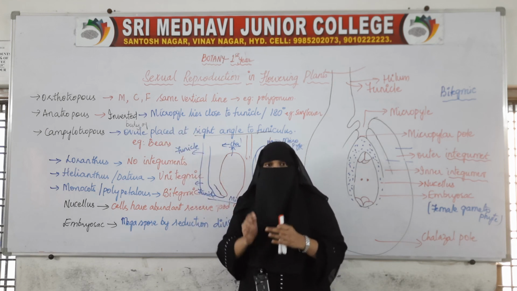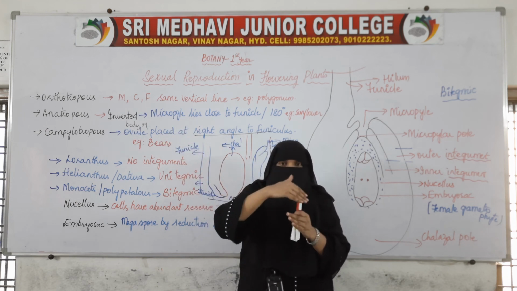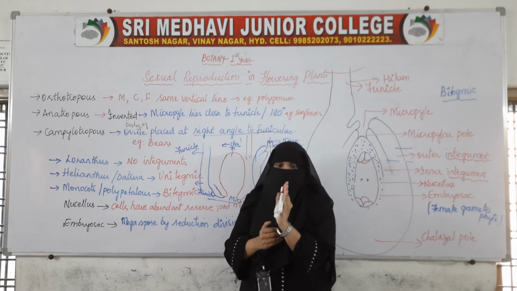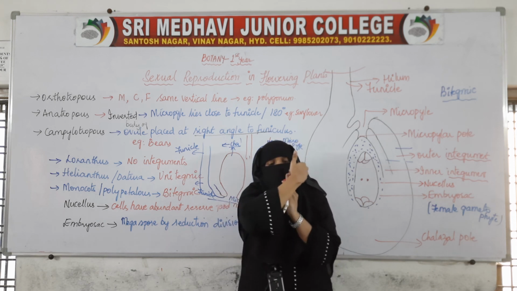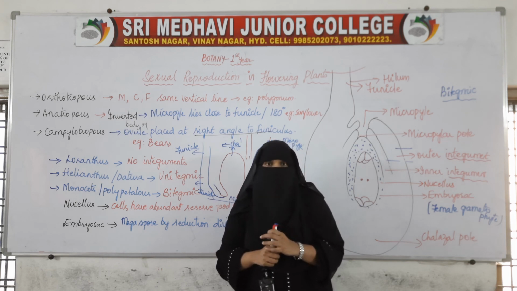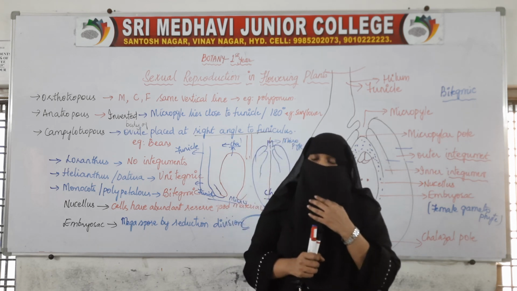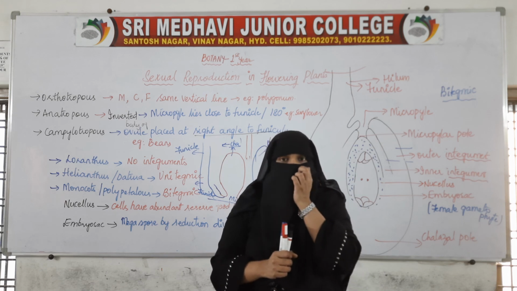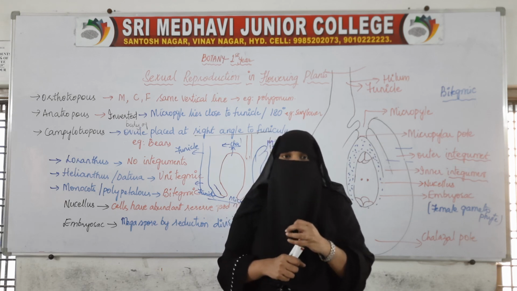And in campylotropous, if this is the funicle, the body of the ovule will be at right angle. If you see the clear picture in your textbook, you will be able to see clearly the three different types of ovules.